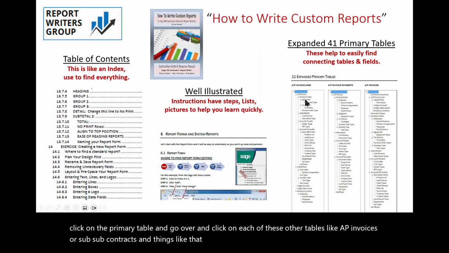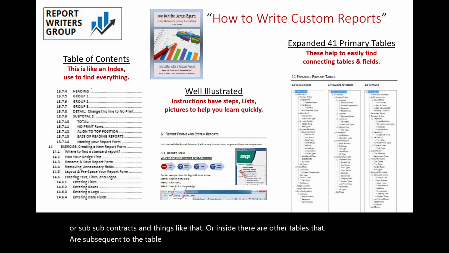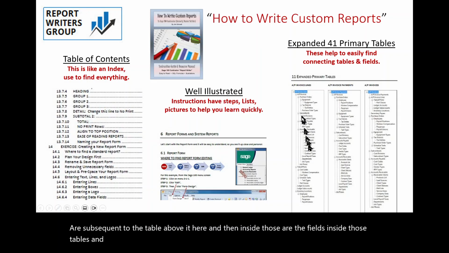Or inside, there are other tables that are subsequent to the table above it here. And then inside those are the fields inside those tables. And so having this expanded listing of the most used 41 primary tables is very crucial and important for you to be sure to utilize.